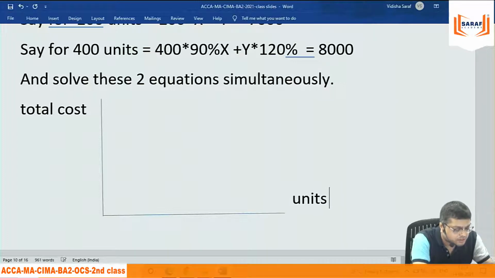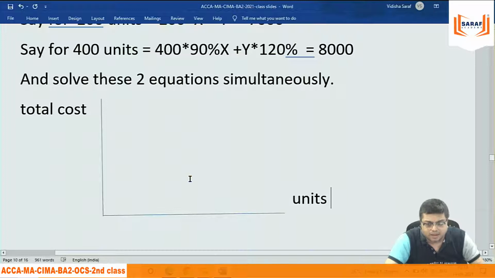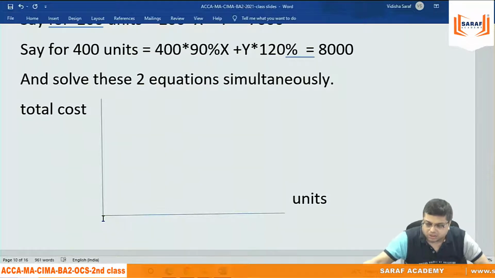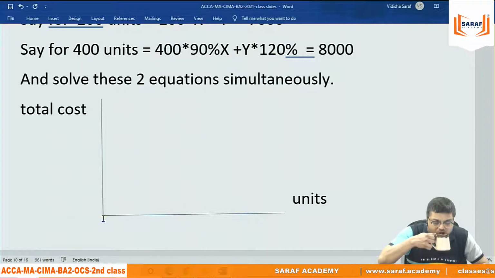X-axis units, or you can say activity. Y-axis we are taking total cost. If I am talking about variable cost, which was $4 or 20 per unit, if my production is 0 units, what will be my variable cost? If the production is 0 units, what will be my variable cost?